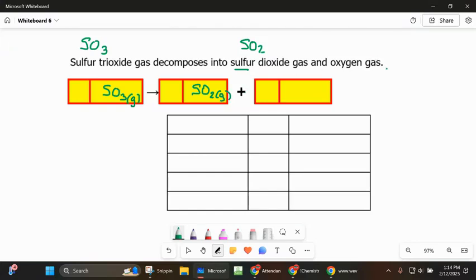And oxygen gas. What is the formula for oxygen gas, Ariana? Thank you. And you did something very important here. You don't put this 2 here. This is wrong. By the way, why is there a 2 here? This is one of the 7 diatomics.